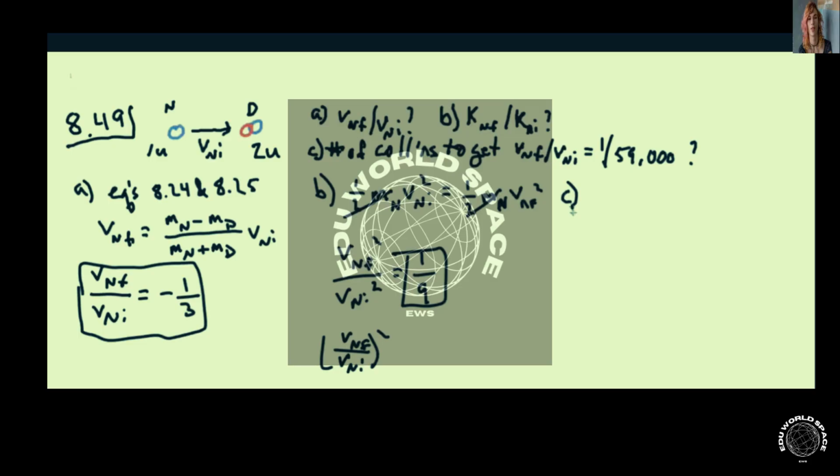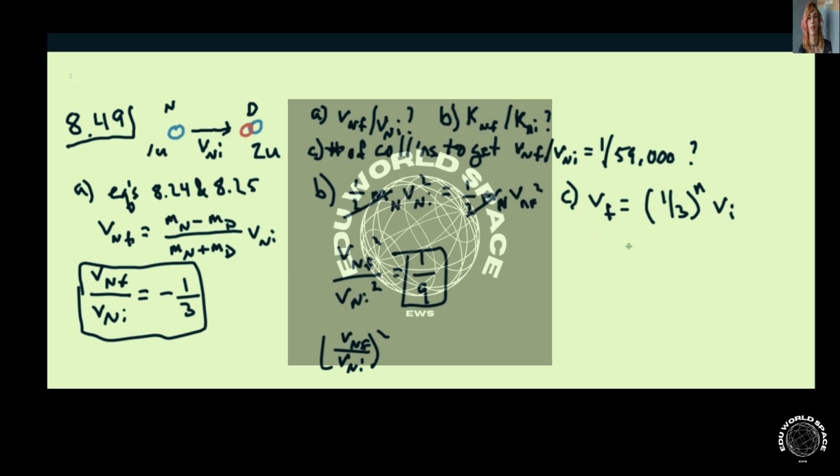Now, to figure out how many collisions we need to have to get this reduction in the speed, we see that every time there's a collision, there's a constant factor by which the speed is reduced. And so that means that the final speed after n collisions is going to be 1/3 to the n times the initial, because you just multiply by 1/3 every time there's a collision.